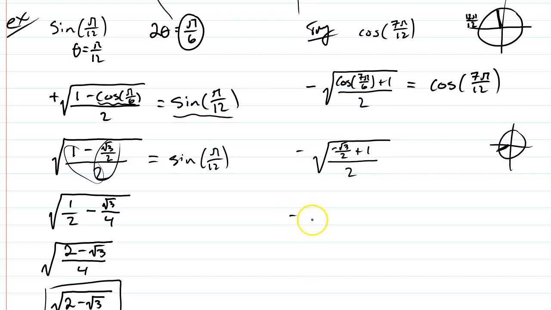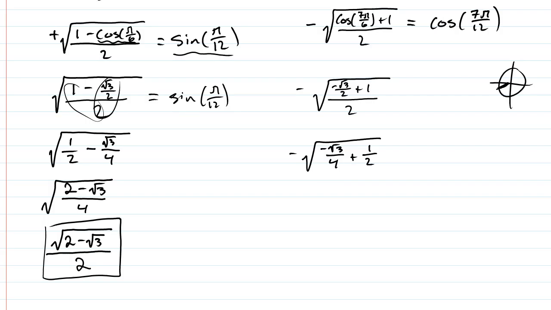Alright, and now we're going to simplify this. We're going to think of this as negative root 3 all over 4 plus 1 over 2. Okay, and then if we combine these, it will be negative, and I'm going to rewrite it as 2 minus root 3 all over 4.